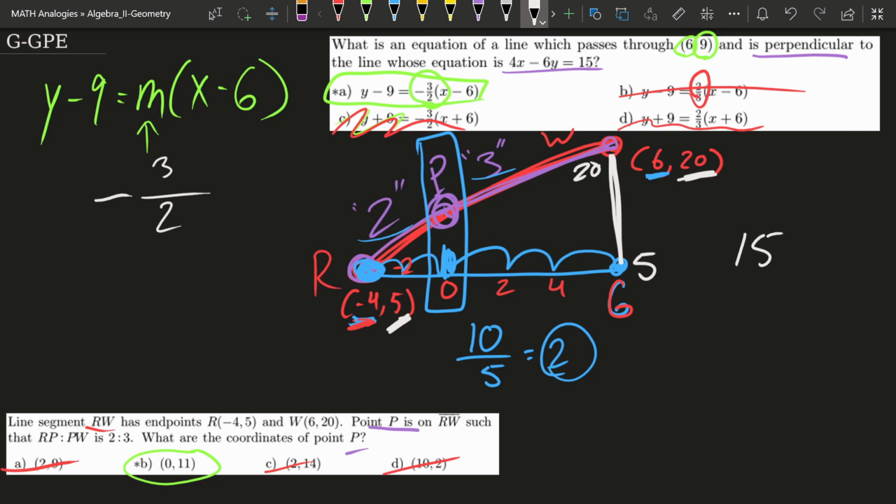Well, 15. And then if we go 1, 2, and then 1, 2, 3 again, well, what is 15 divided by 5? Those 5 steps. The 2 and the 3 make 5. So that's 3.